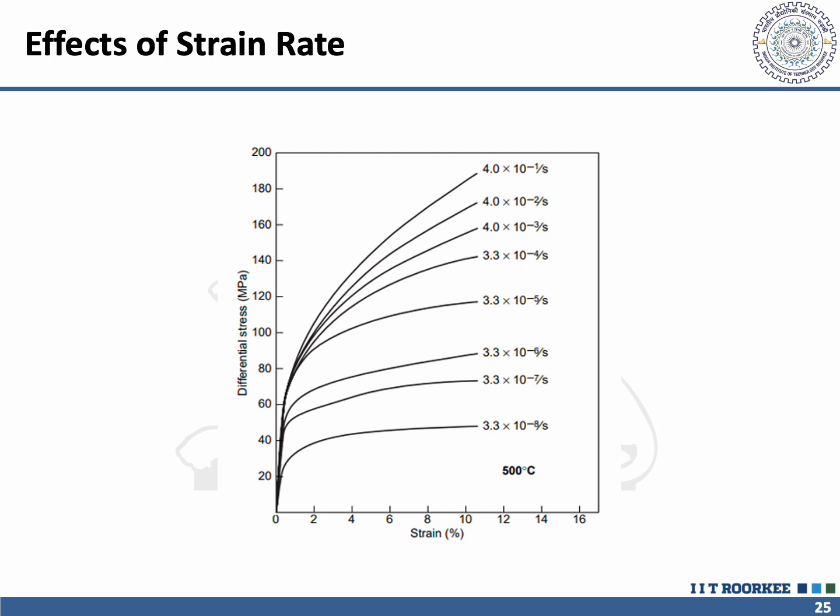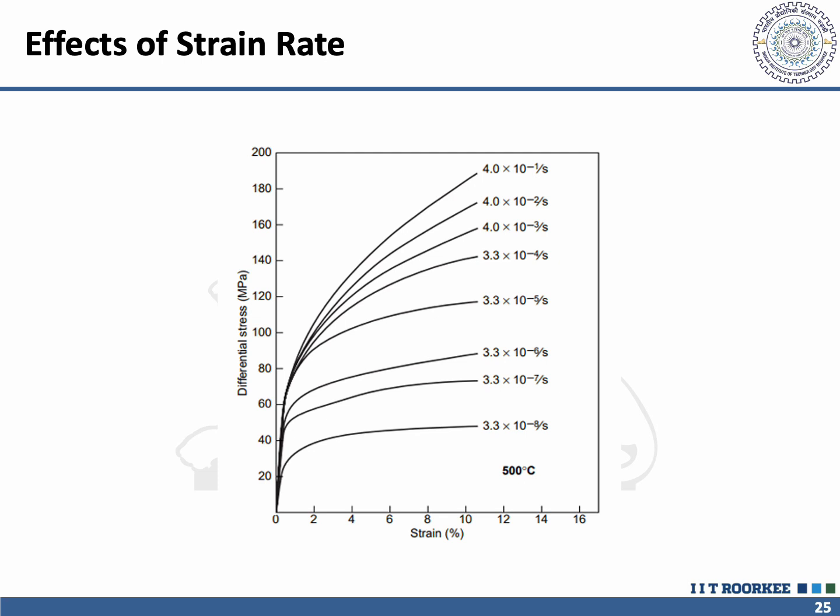At high strain rate, it requires higher stress to achieve the same amount of strain. The material appears stronger but also less ductile. It deforms less before reaching the high stress. For example, around 4 × 10^-1 second inverse, there is a steep curve and high stress.